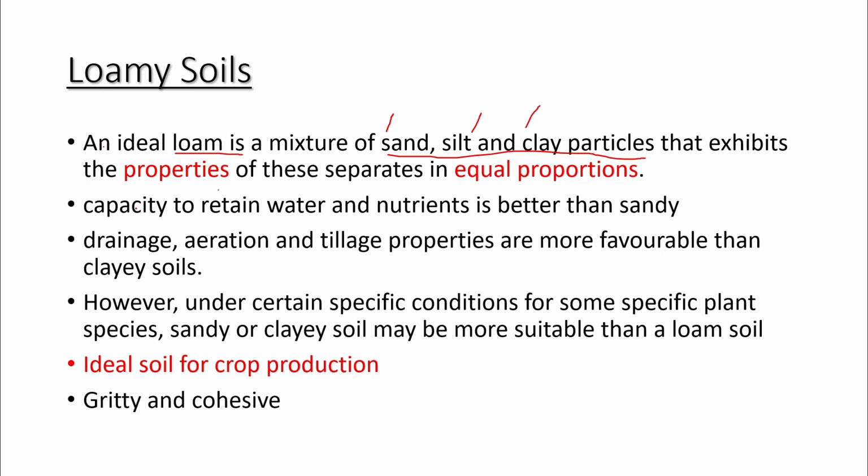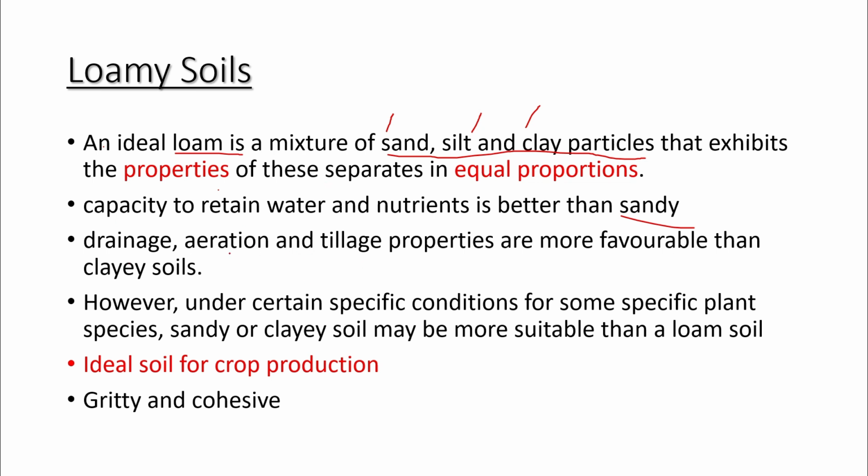So capacity to retain water and nutrient is better than sandy soil. What is a feature of sandy soil? It has low water holding capacity. But since it contains clay and silt, its water holding capacity is increased. It has good water and nutrient holding capacity.